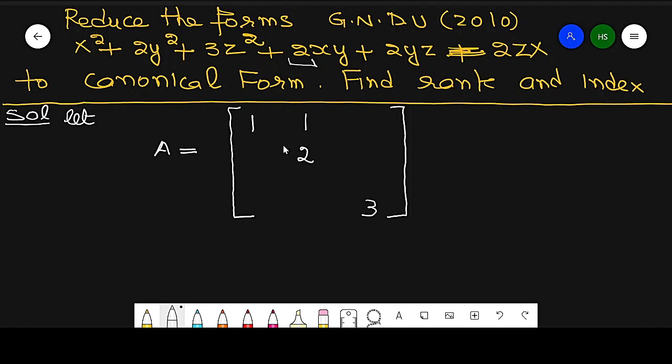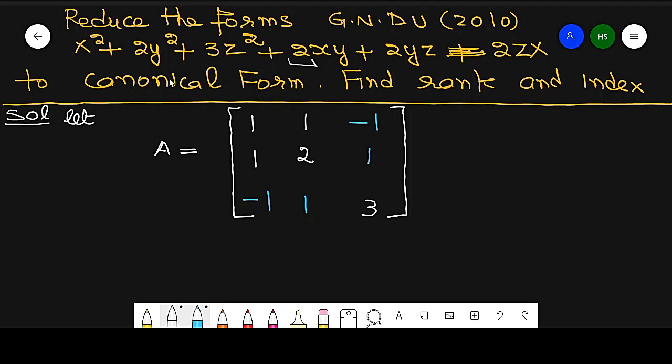Second row, third column: again 2 divided by 2, which is 1. The remaining entries are minus 1 and minus 1. So this is the corresponding symmetric matrix of this quadratic form.